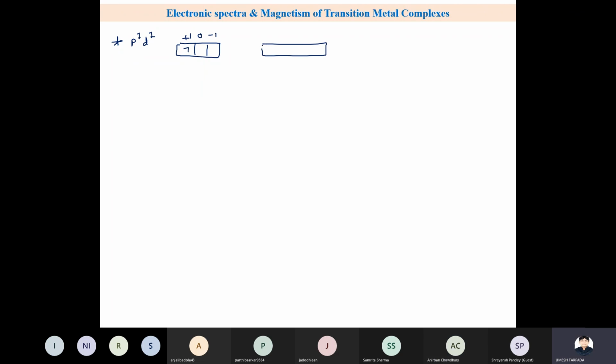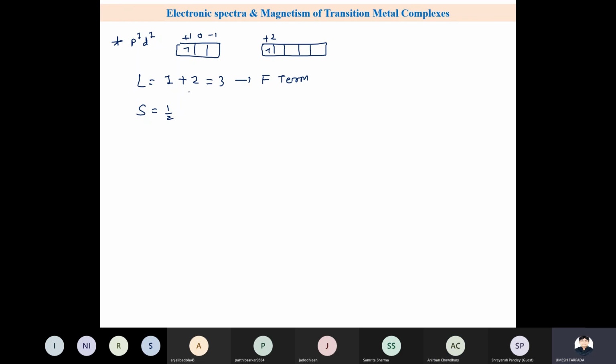The second electron is in the D orbital. So what is the L value? For P, L is 1 into 1, that is 1; for D, 2 into 1, that is 2; so it is 3. So which term is there? F term. What is the S value? 1/2 plus 1/2.